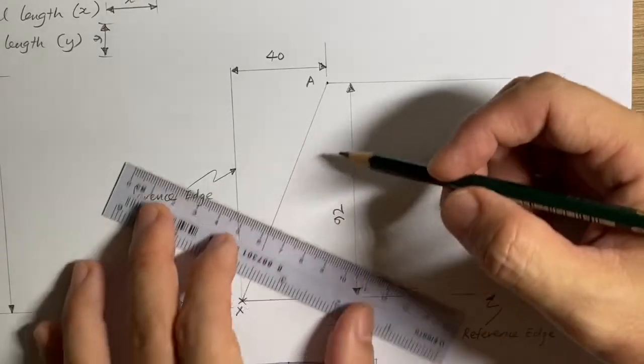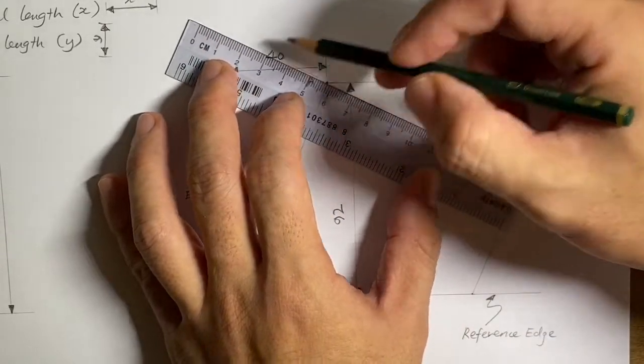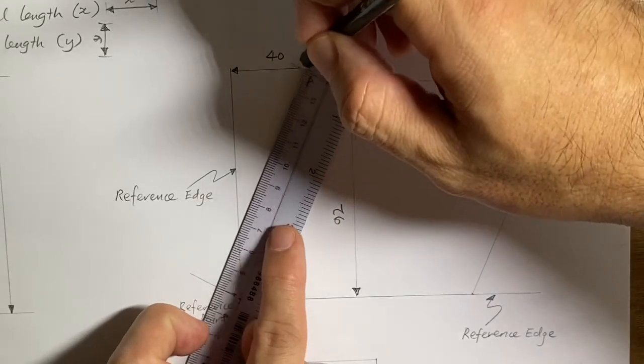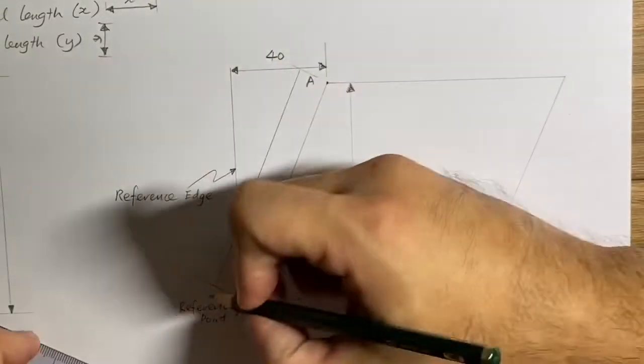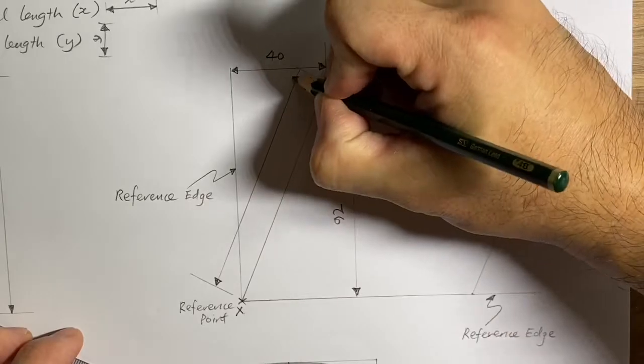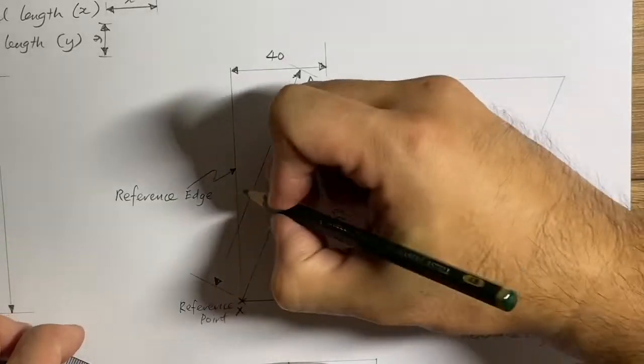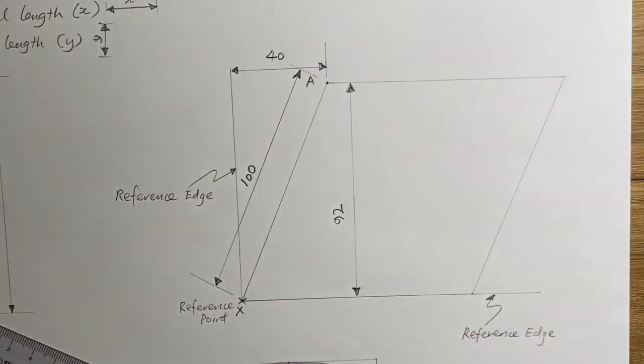And when we dimension, we would try to position this just in front of that length, and this is 100 mm.